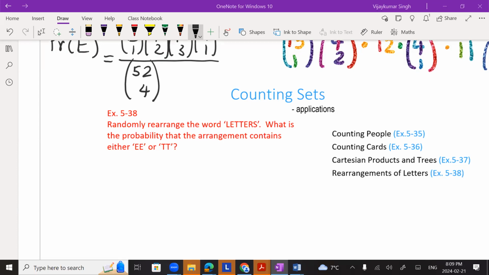So let's have the following. Let's call this event E. Let E be the event that EE appears together in the arrangement or rearrangement, whatever you want to call it.